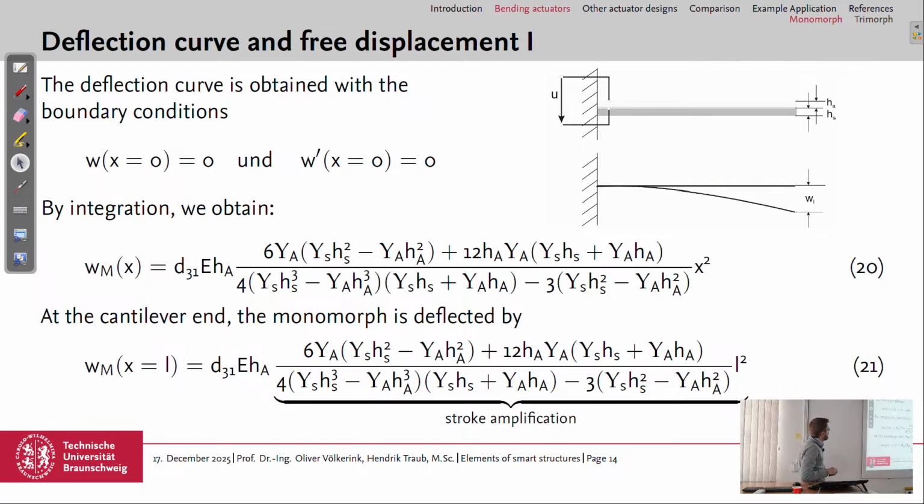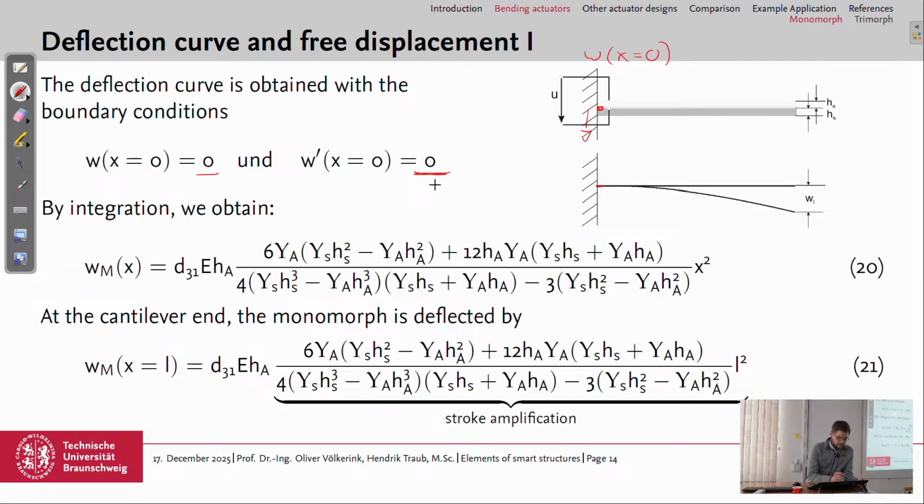We can then integrate it two times using the boundary conditions we know at this point, which is x equals 0 with a clamped boundary condition or a fixed end, so the deflection should be 0, so we have no deflection here, and also the slope at this point is 0, so we can also use this as a boundary condition.